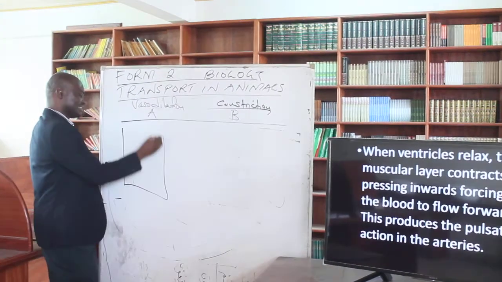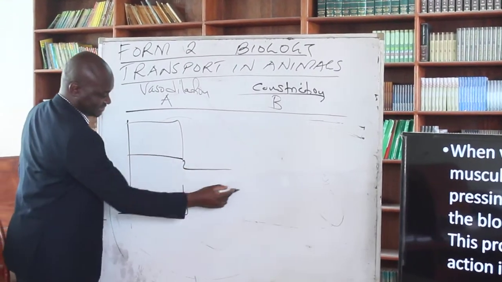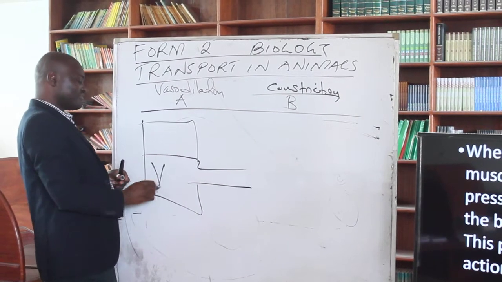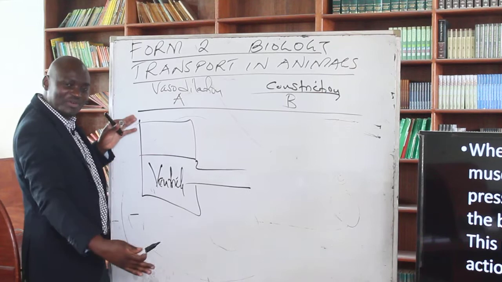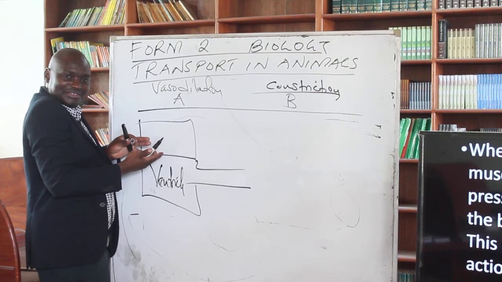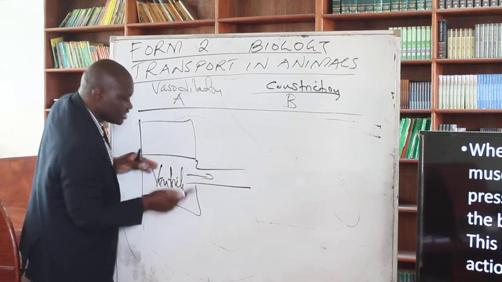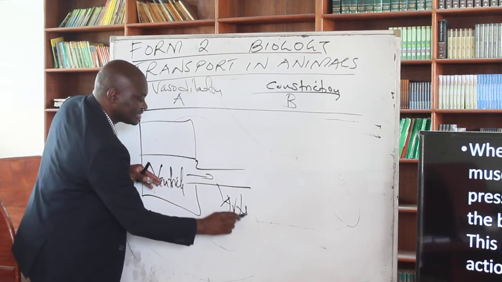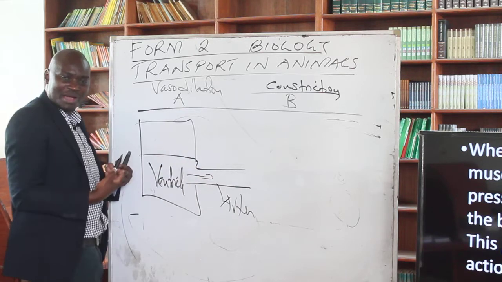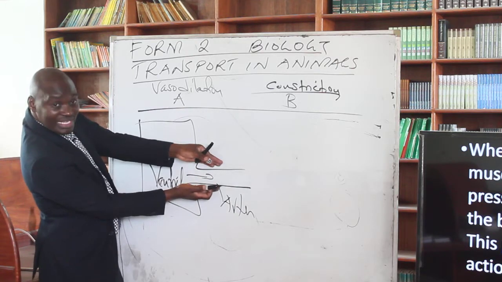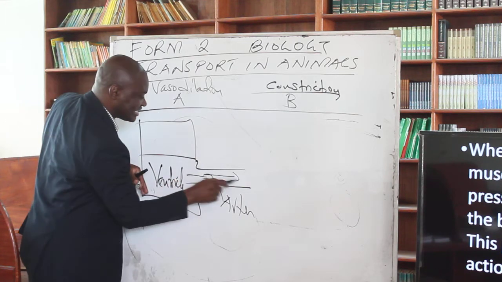Pulsating, pulse. How does a pulse come about? If this is the heart, let's say this is the ventricle. When the ventricle contracts, what will happen? The blood is pushed into the artery. So what must the artery do for the blood to come in? The artery, this part will relax, and blood will come in.